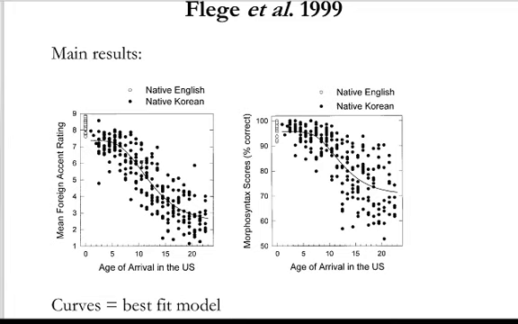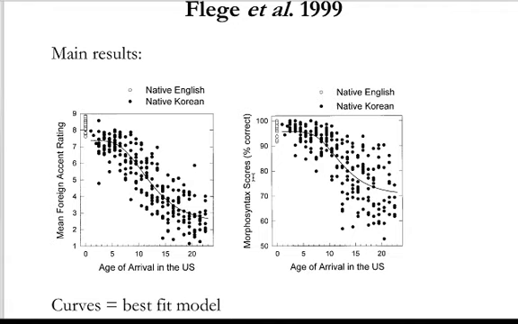And then all of the filled in circles are native Korean speakers who moved to the United States at various ages. And as you can see here, with the exception of this guy, most people who moved to the United States in early childhood have pretty close to native-like accent ratings. And then as their age of arrival gets older and older, it kind of declines, past age 20 or so. And it keeps bottoming out this whole time.